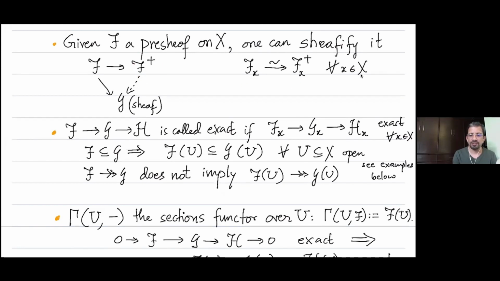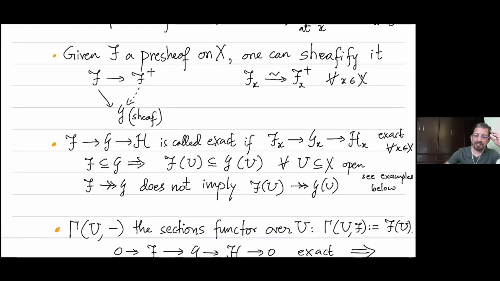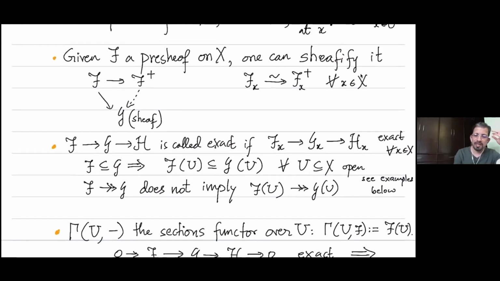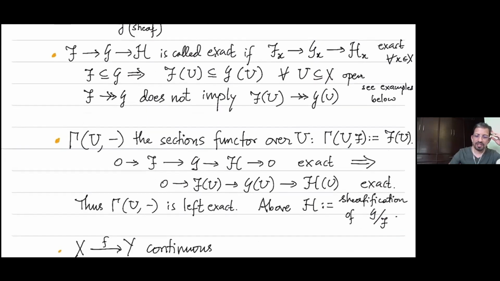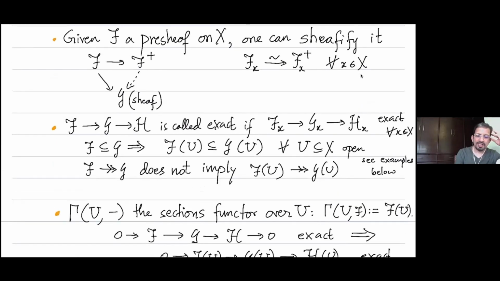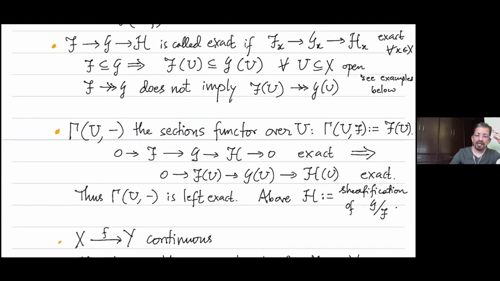So in some sense, truly locally, nothing much is happening if you concentrate very close to the point x, but it's in the limiting situation. Over open sets, however, you will have a difference. F^+ may have more or fewer sections. There may be some quotienting and there may be some increasing of the corresponding sections. That's all I will say about it. Essentially, we use this sheafification process all the time implicitly.